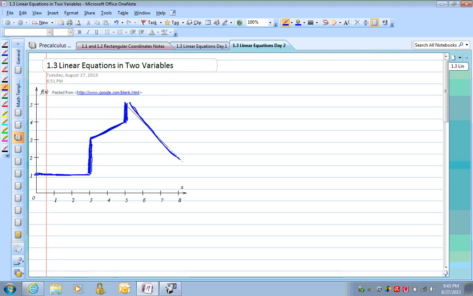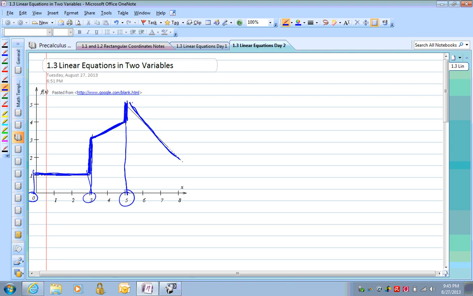Let's talk next a little bit about intervals. The constant part of this line is on the interval from 0 to 3. There is no change here, so there's no average rate of change. From 3 to 5 is where our line is positive, and positive means it's moving upward, so it would be increasing on the interval from 3 to 5, and that's how we would say that.